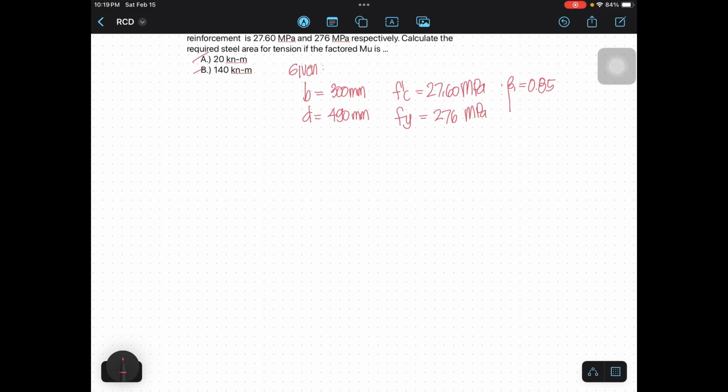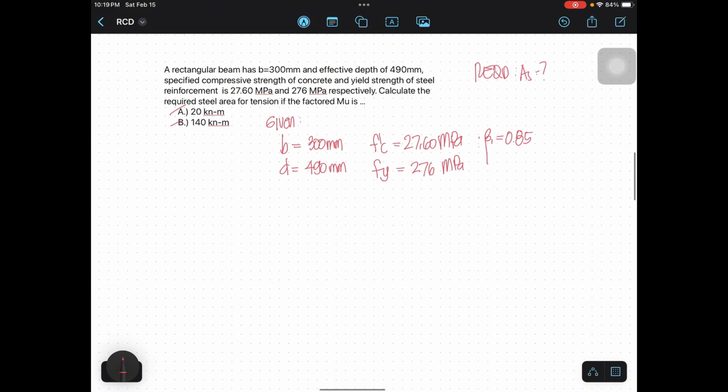So, before natin isolve yung problem, i-check muna natin if singly reinforced beam yung type of problem na ito or doubly reinforced beam or any beam section. Kumbaga, i-check muna natin kung anong specific design problem to. Okay? To do that, kuhanin muna natin yung moment capacity or maximum moment capacity.